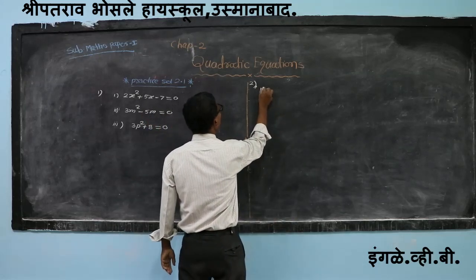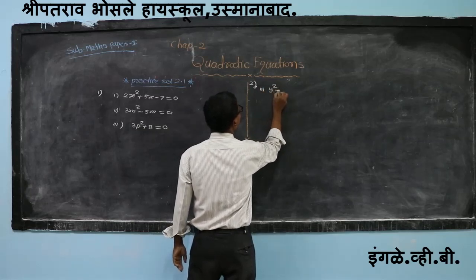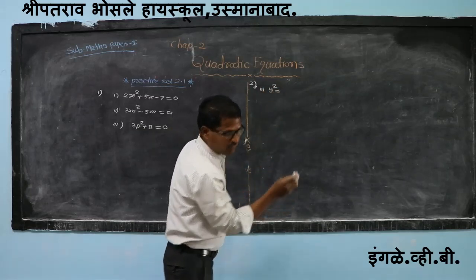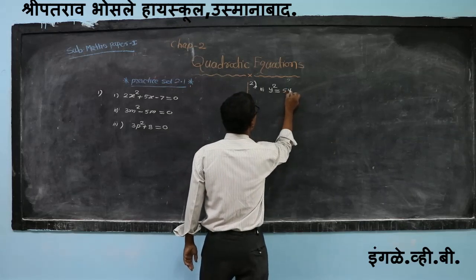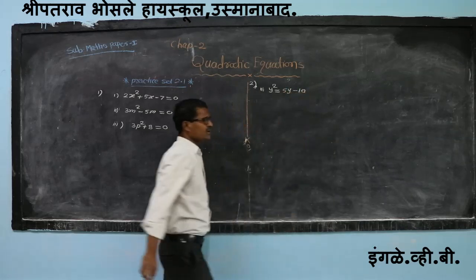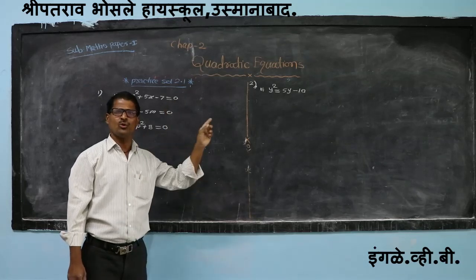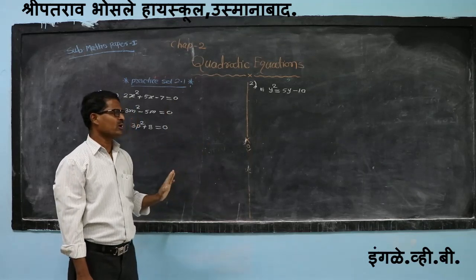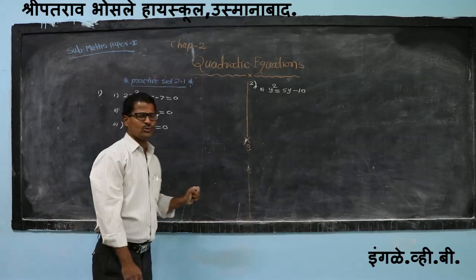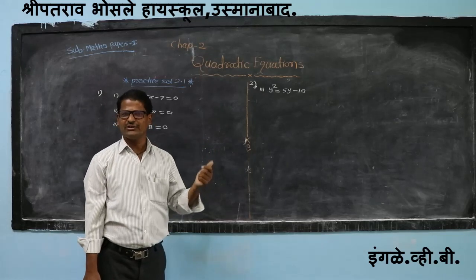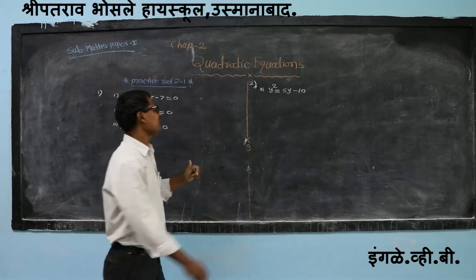Example number 2, y square is equal to 5y minus 10. Here we have to decide whether the given equation is a quadratic equation or not. So first we have to write the given equation in standard form.